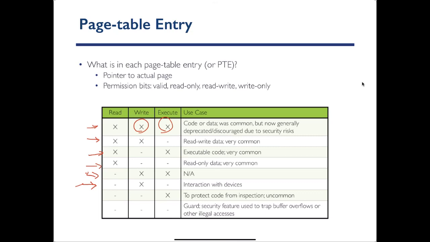So you only provide write permission. So the device driver can just write. So this is very common when you're mapping device registers to memory. You just give them write permission.